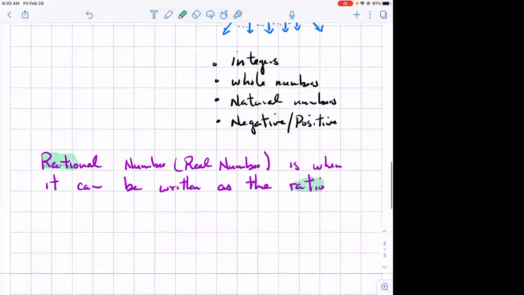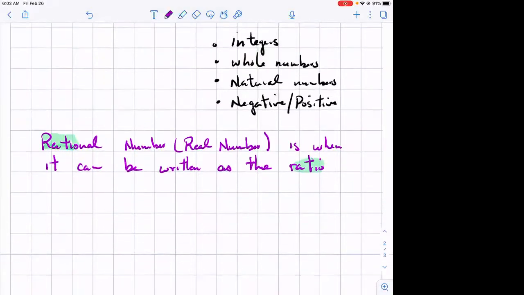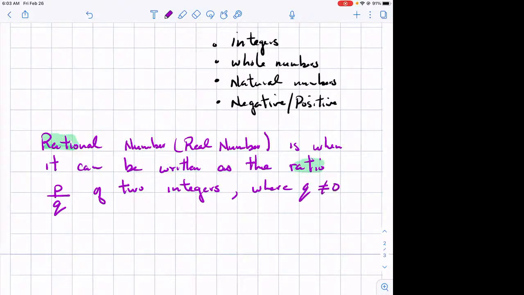Can be written as the ratio, and we said such as P over Q, of two integers. And please note where Q cannot be equal to 0.